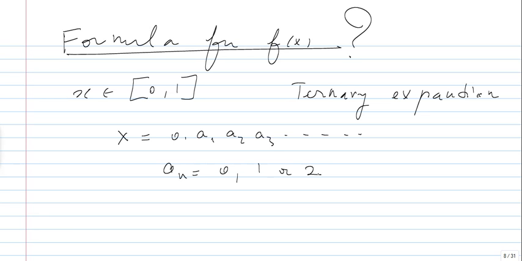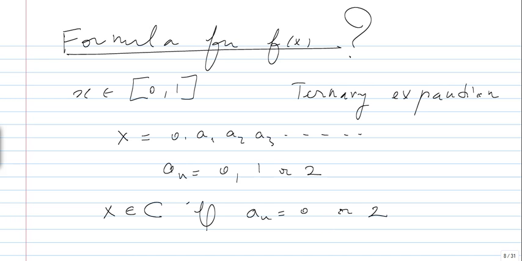Okay? So if you look at x in C now, C is exactly the set of x for which the an are either 0 or 2. Okay? So we have seen this.